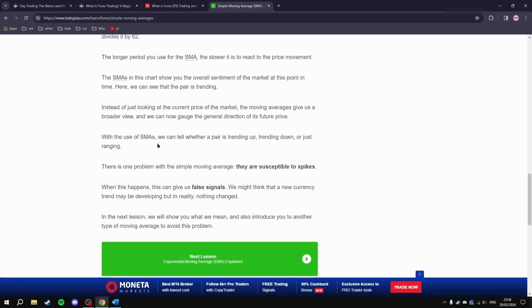With the use of simple moving averages, we can tell whether a pair is trending up, trending down, or just ranging. There is one problem with the simple moving average: they are susceptible to spikes.